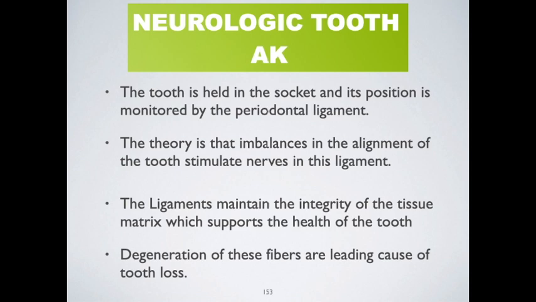And as you remember from the homunculus, the incredibly large representation that the teeth and jaw have in the sensory and motor areas of the brain, the ligaments that hold the tooth to the bone of the jaw are what provide the source of proprioceptive feedback.